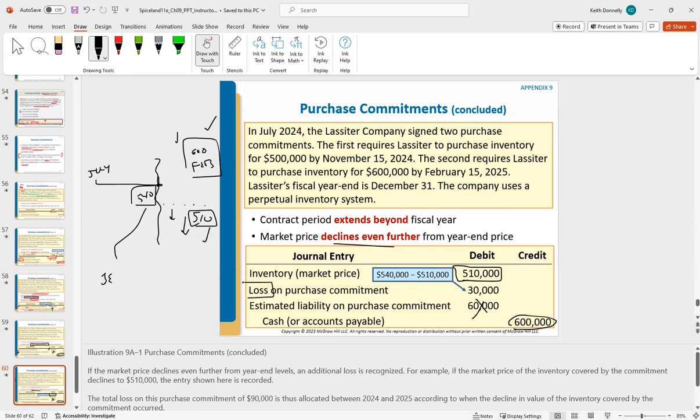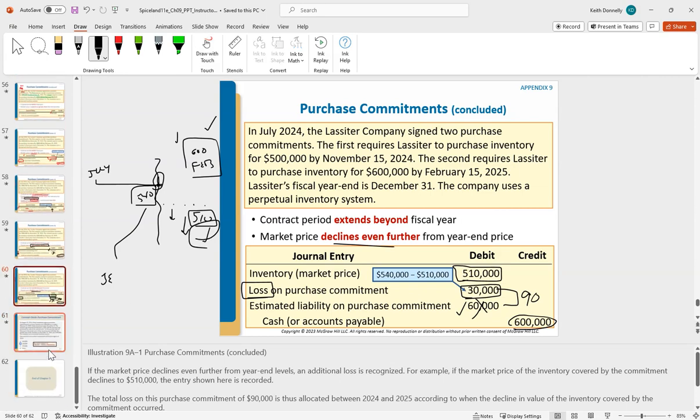And then we're going to have an additional loss for the additional 30. It's like we went from 600 to 510. That was 90,000. It went down. 60 we already accounted for in journal entry 1 right here. The remaining 30 we accounted for right there.